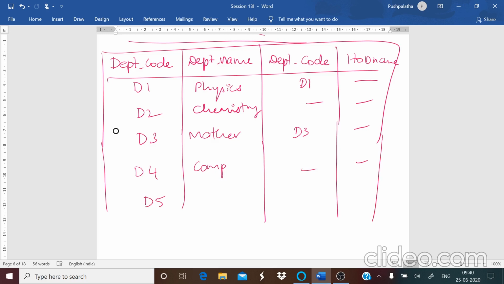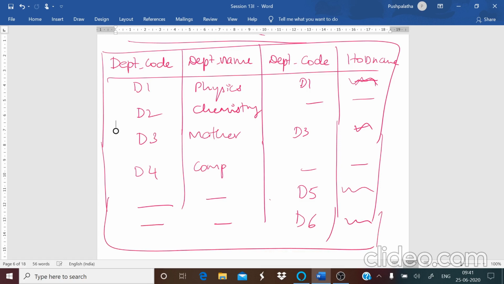D5 is present here with a name, nothing on the department side. Then D6 doesn't have anything on the left, but you have a name here. So the complete table will be present. This is what you mean by your full outer join.